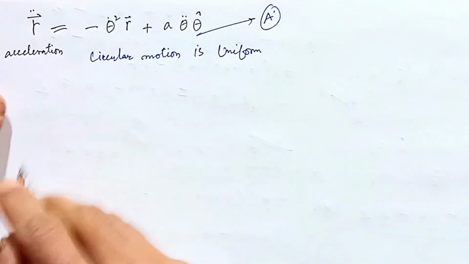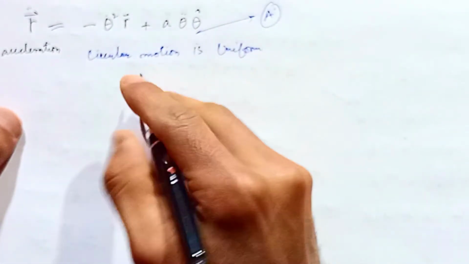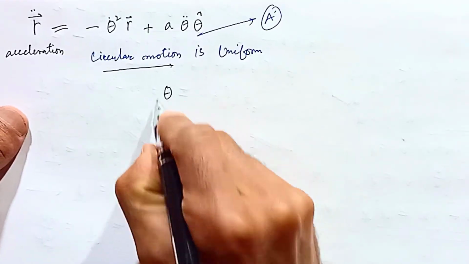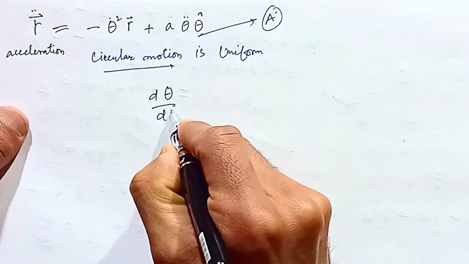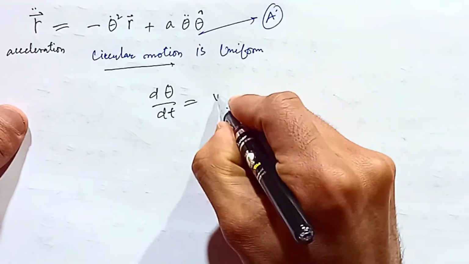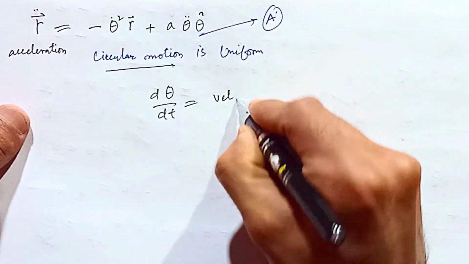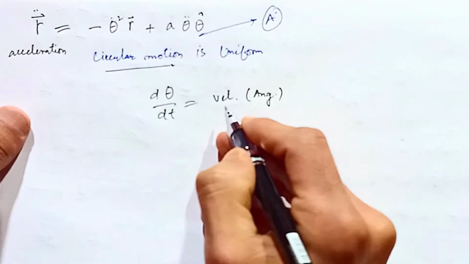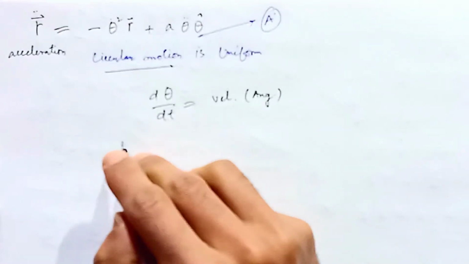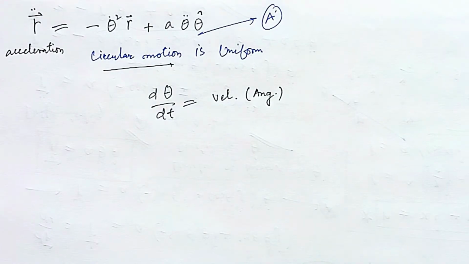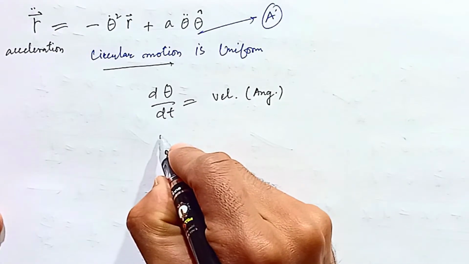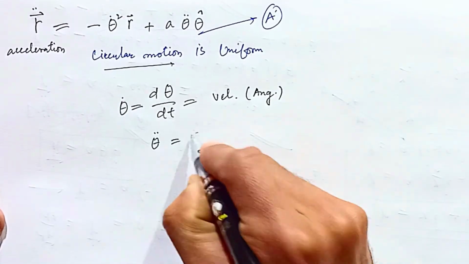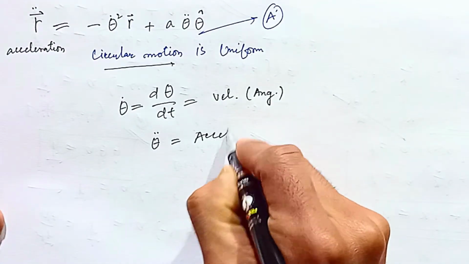In circular motion, the change in theta with respect to time gives the velocity, that is the angular velocity. Double differentiation of theta gives the acceleration.